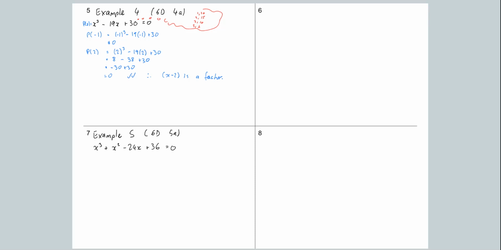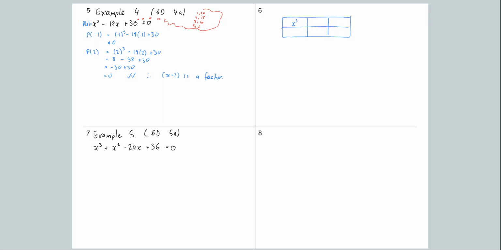Great. Once we've got one factor, we can now have a crack at factorizing the rest of it. So I might go onto slide 6 for that because I think I need the room. It's an x cubed, which means I need 3 columns. So just do our reverse box method, split it into 3 columns, like so.